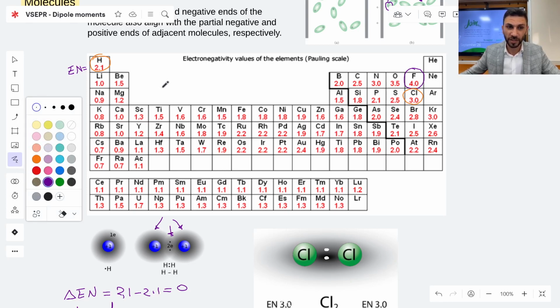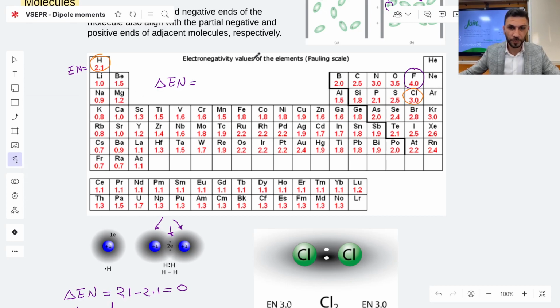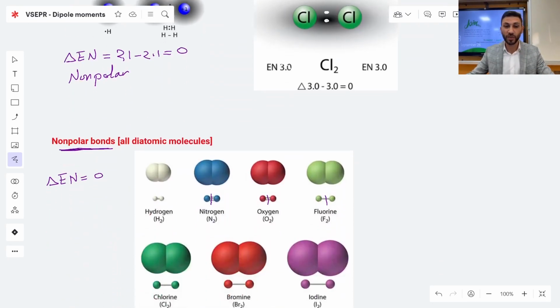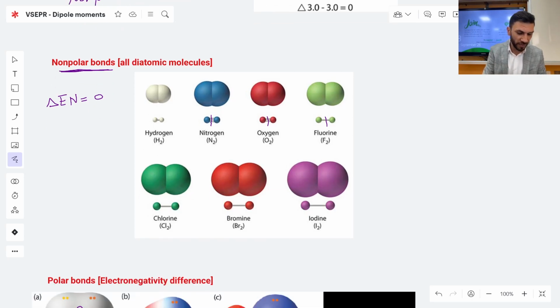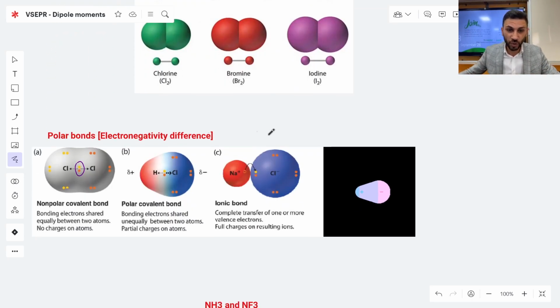The chlorine has higher electronegativity, so delta EN equals 3 minus 2.1, which equals 0.9. That means the bond is a polar covalent bond. It's polar because of this difference. So that's why the chlorine can attract the bonding electrons more strongly than the hydrogen. That's why the electrons are closer to the chlorine than the hydrogen.